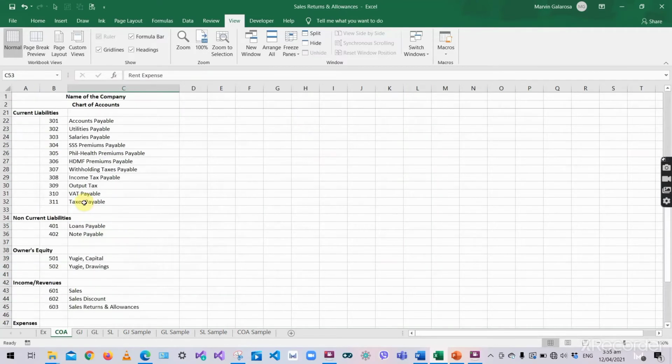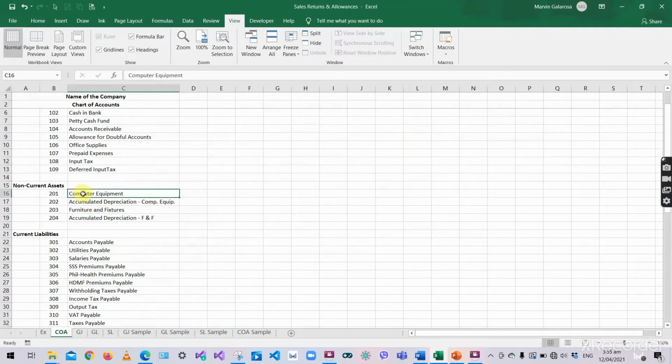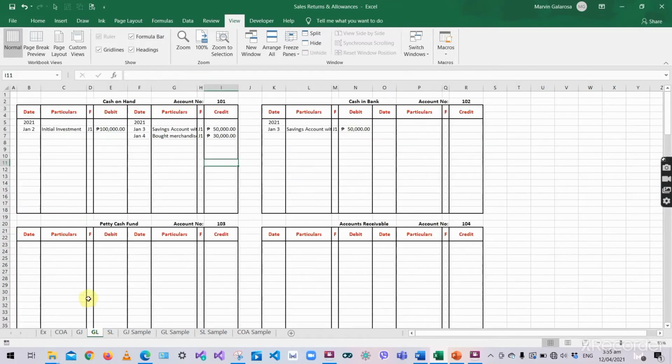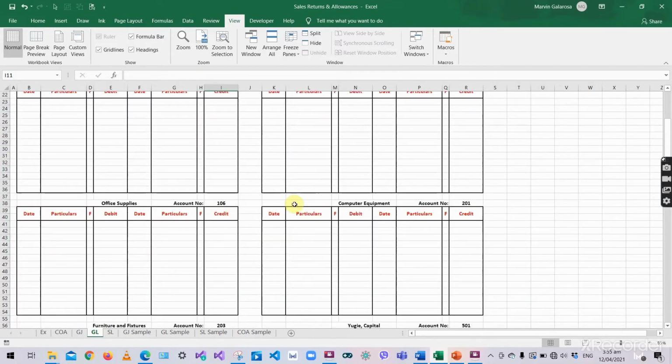Tingin tayo sa chart of accounts. Ang nakalagay dito is computer equipment. Baguhin ko lang siya para mas general. Office equipment. Baguhin din natin dito sa ledger.